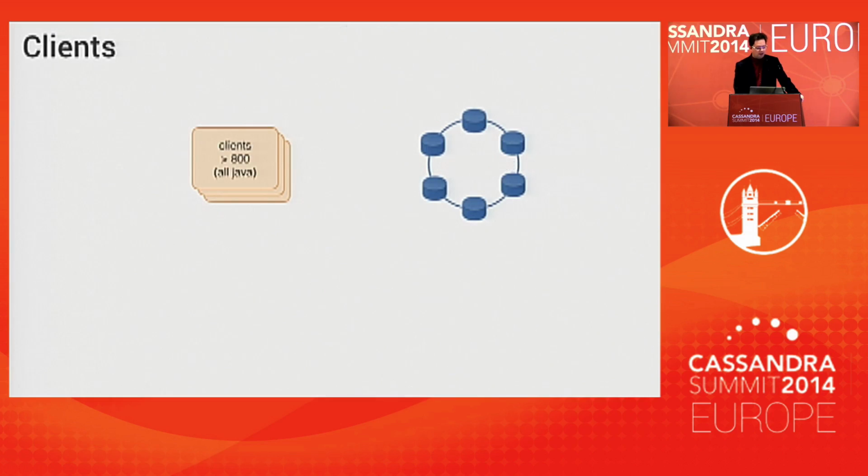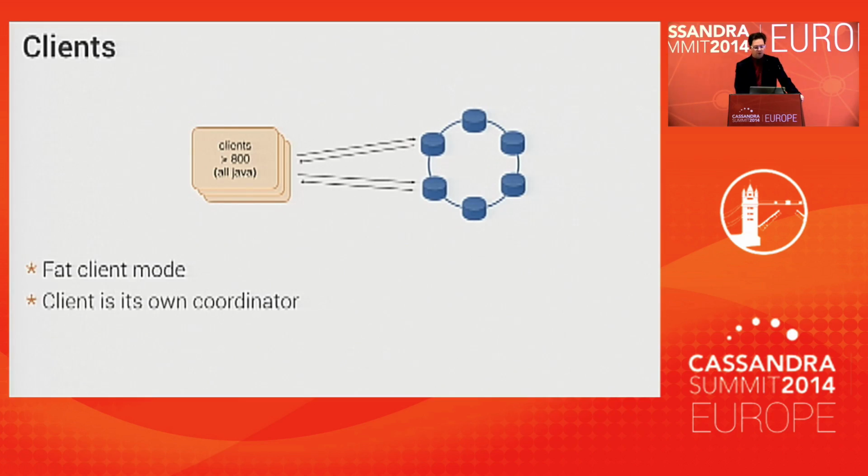Let's go deeper. Clients. They are not exactly clients, but application servers. They are all implemented in Java, and we have a lot of them. They don't use any driver. They use fat client mode to join directly to the Cassandra ring. This allows us to send data requests directly to the nodes containing data. So request coordination, I mean communication with correct replicas, conflict resolution, and so on, is performed by the client itself. This is faster. We eliminated a network round trip to the coordination node and saved some CPU ticks.